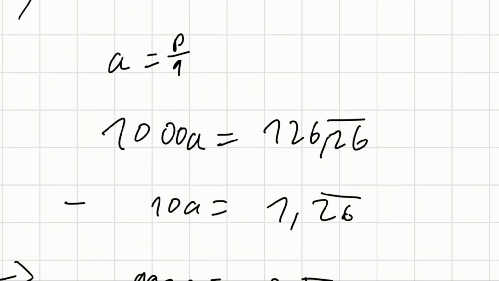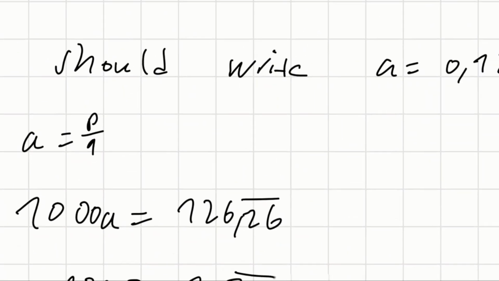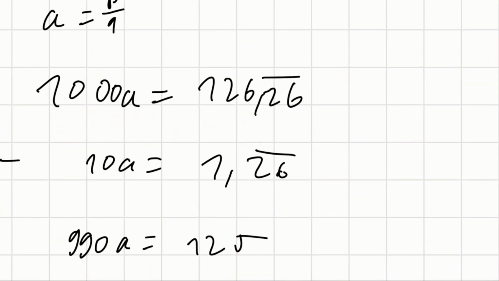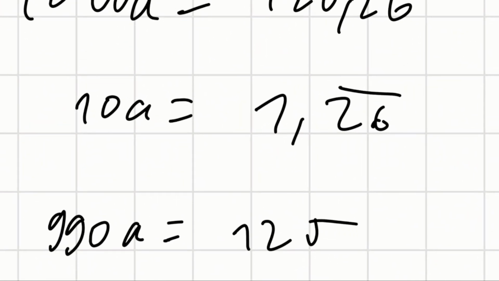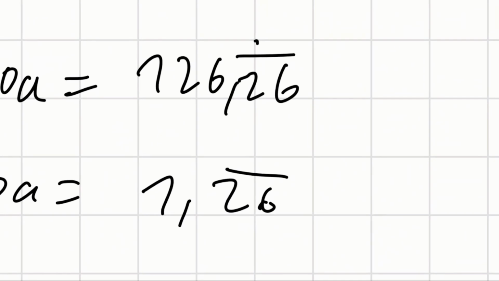Therefore, 1000A equals 126 point periodic 26, and then you just have a look at 10A, because you want to have this. This is the thing you don't want to have.